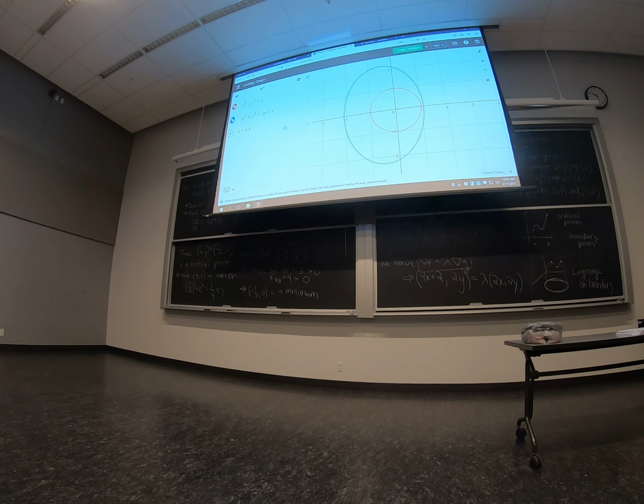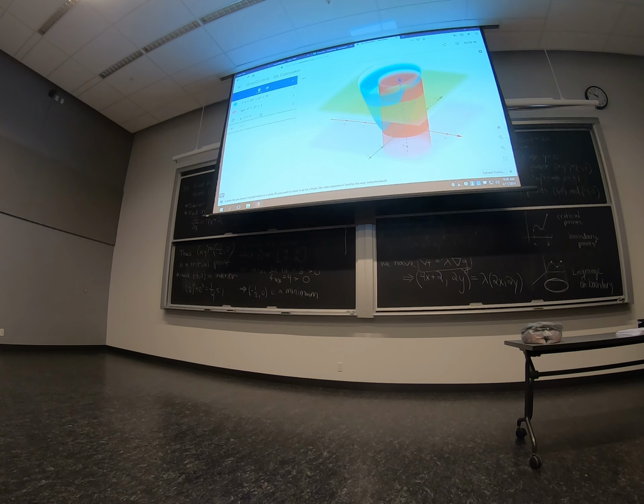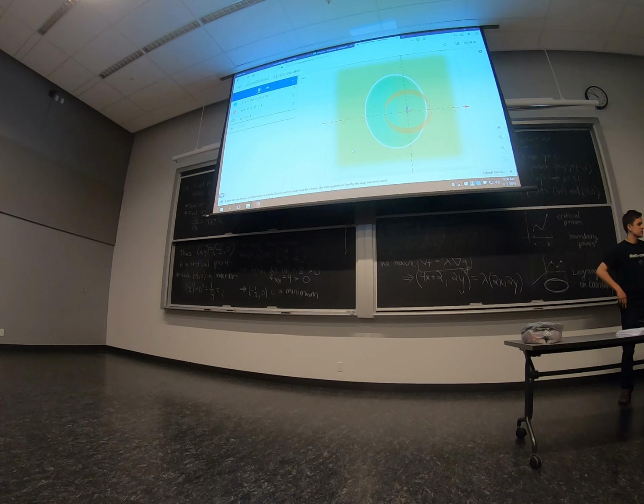So if we go to height 4, oh, now it no longer touches our graphs. Oops. We get a picture that looks like this. Okay, so I encourage you to play around with these things.